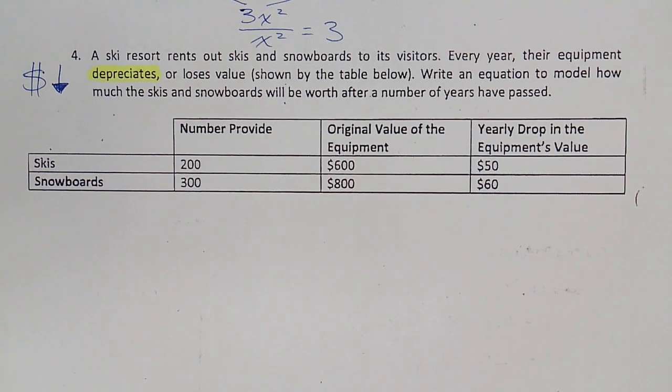Why do you think the skis and snowboards lose value over the year? Because people are using them. Okay, but what makes it, Alex? It's used. Okay, so if you went skiing before, you see that people just dump their skis on the ground, or they ski or snowboard and they don't know how, and so there's the wear and tear, right?